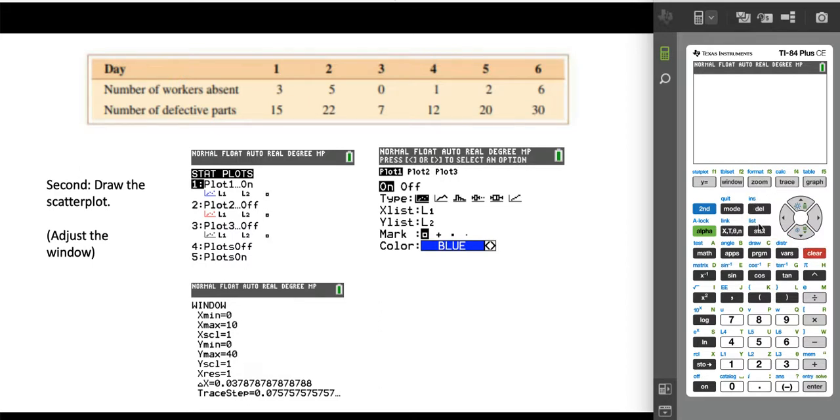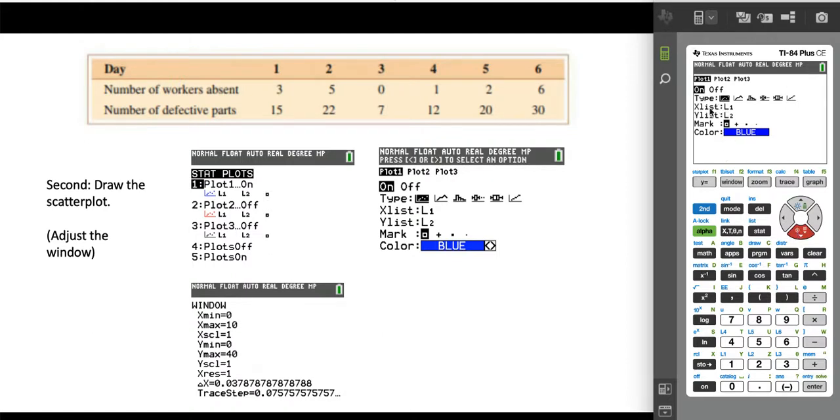The X list, I'm sorry, I must have pressed something wrong. So the X list should be list 1. If it doesn't say that, you can access list 1 down here. So you press second and 1 for list 1. Make sure the Y list is list 2.